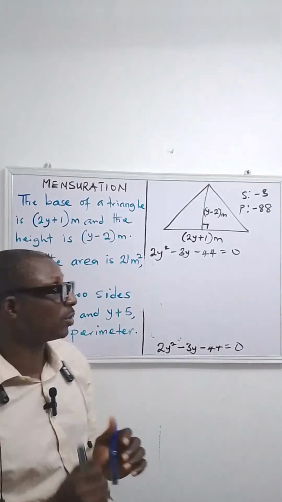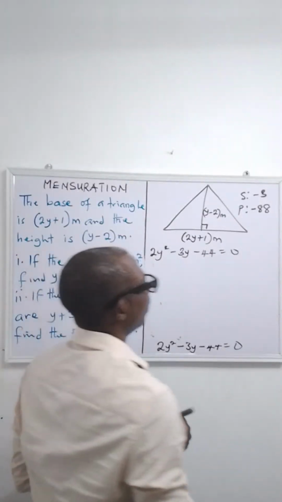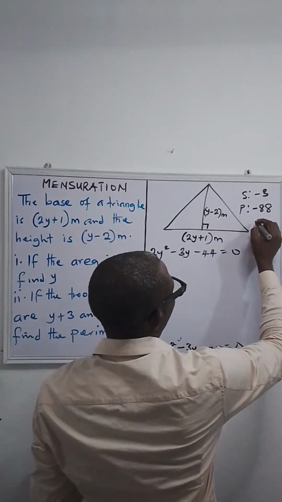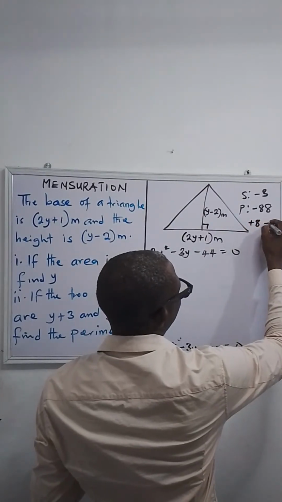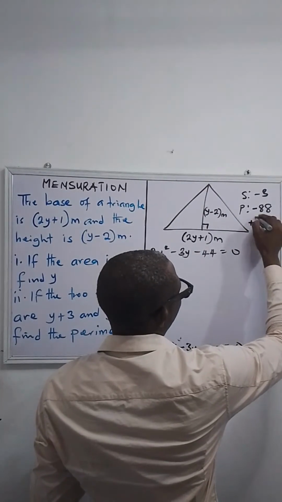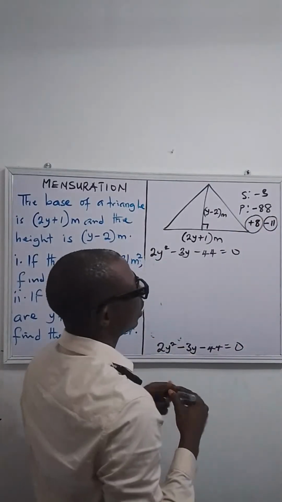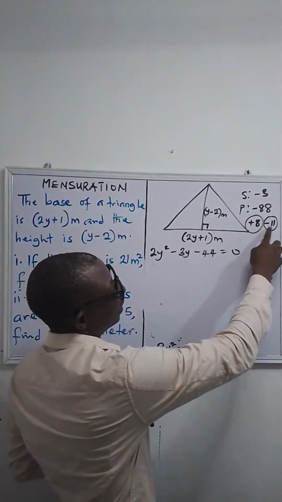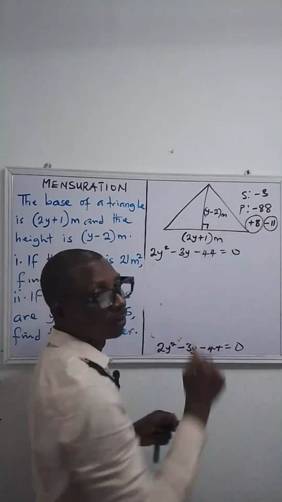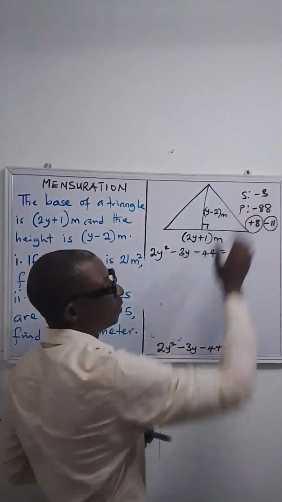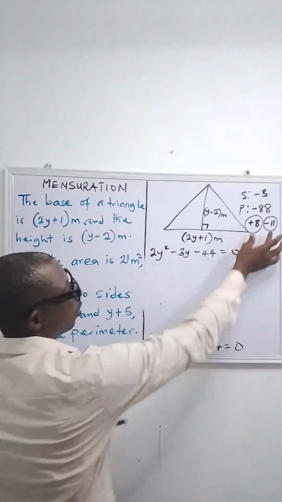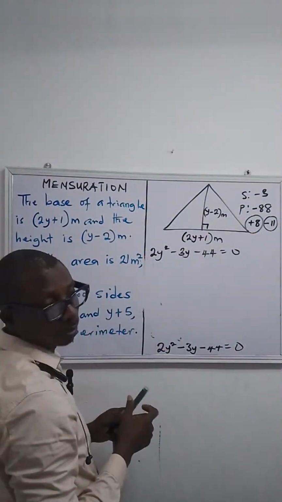All right. So if you do that correctly, you're going to have positive 8 and negative 11. These are the two numbers. When you multiply them together, you have negative 88, and when added together, you have negative 3. So now let's incorporate this into the equation.